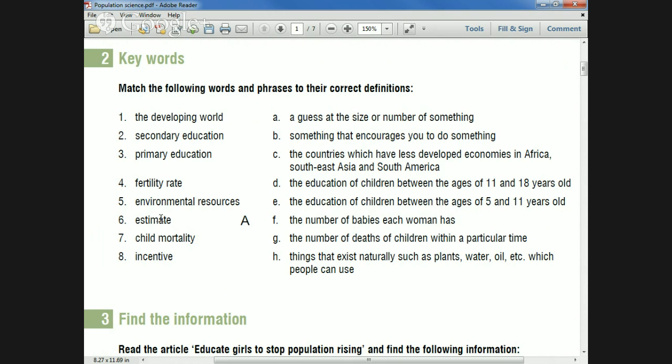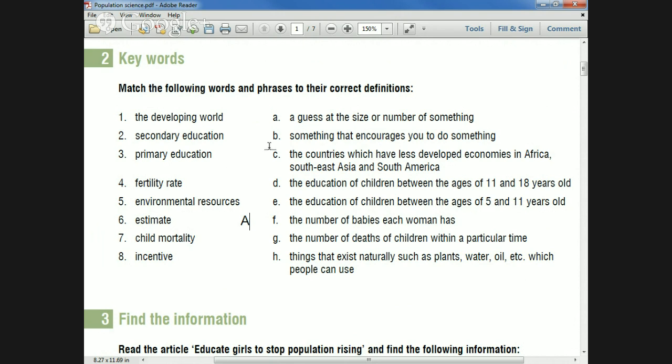Estimate, like: he incorrectly estimated the number of people who would join the party. The estimate of the number of people joining the party was 12.